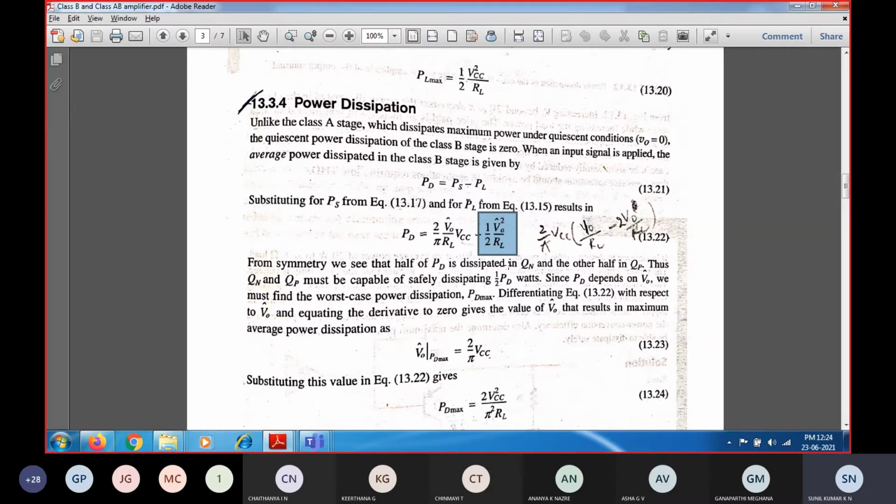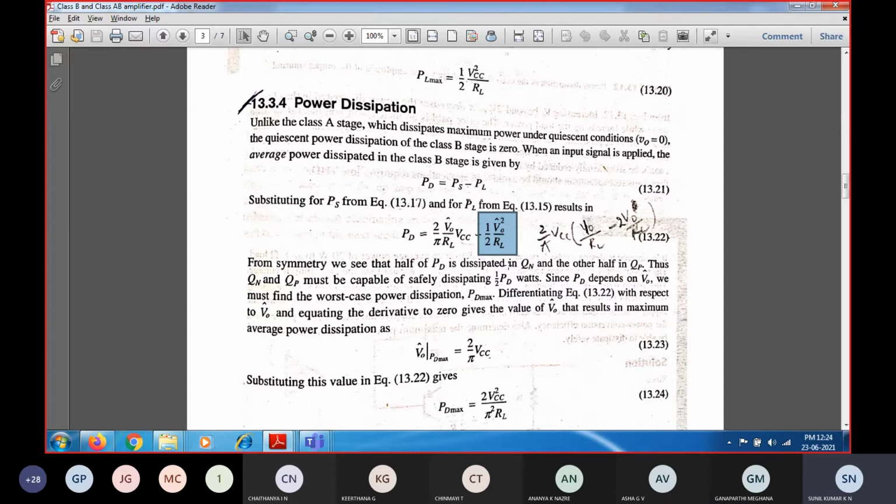We know that power dissipation is occurring because of what? Because of the positive power supply as well as the negative power supply, through transistors Qn as well as Qp respectively, because of the complementary pair. During the positive half cycle of the input signal, half of the power dissipation is contributed from the Qn transistor, and the other half is contributed from the Qp transistor.